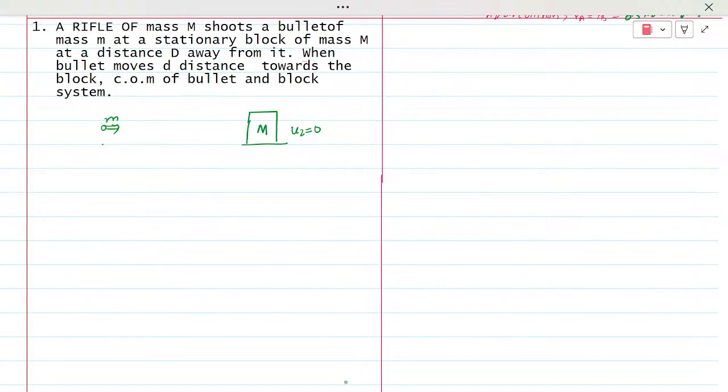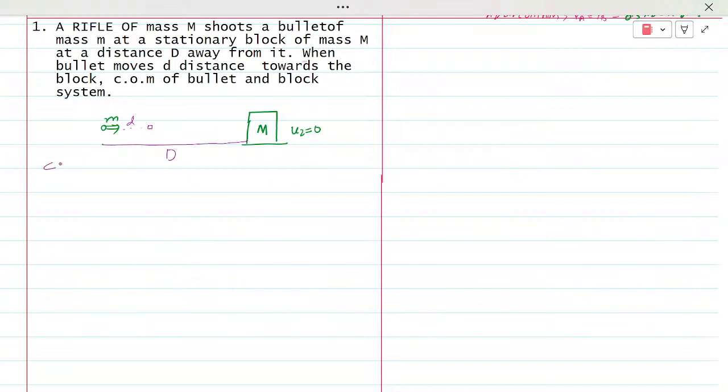Initially the distance between these two is D. Now the bullet has moved the distance small d, that means the bullet is coming here. Then they ask the center of mass of the bullet and block system.